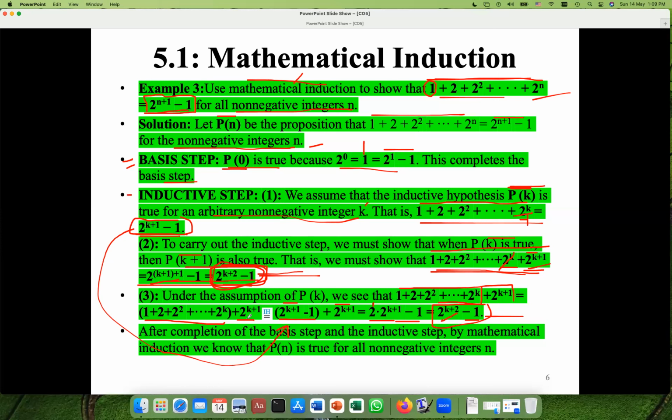So now the basis step and inductive step are complete. And then what is the last statement that you can say? Now you can say that P of n is true, whatever our P of n is. So now we can say that our P of n is true for all non-negative integers n. So this is the last statement that you have to say.